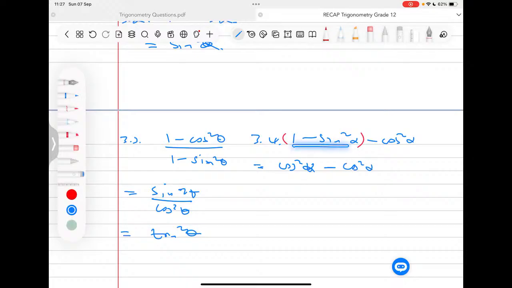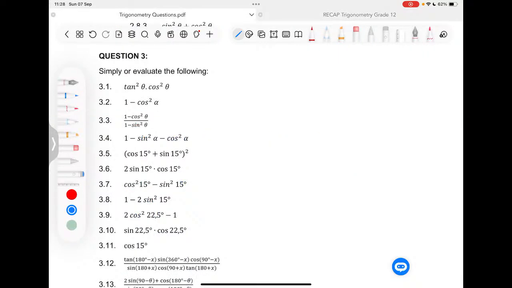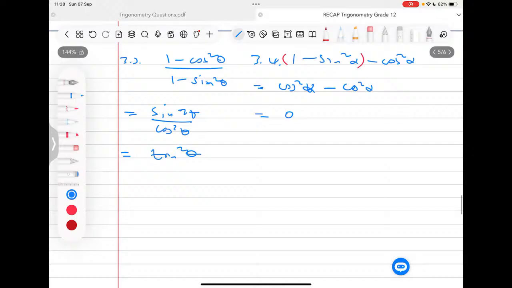So this is a cos squared alpha, and I'm also having a cos squared alpha. So this will reduce down to 0, because we're saying cos squared alpha minus cos squared alpha. It should really indeed give you a 0. Now, if we go to the next question, 3.5, I'll quickly look at 3.5 as well.